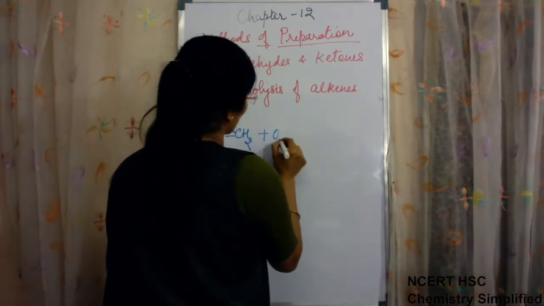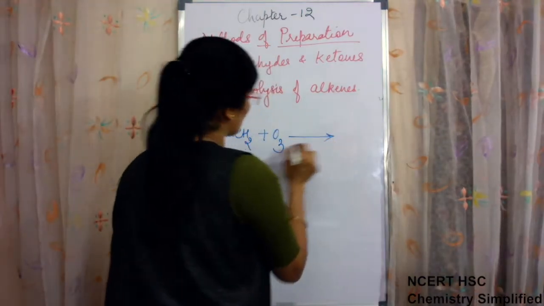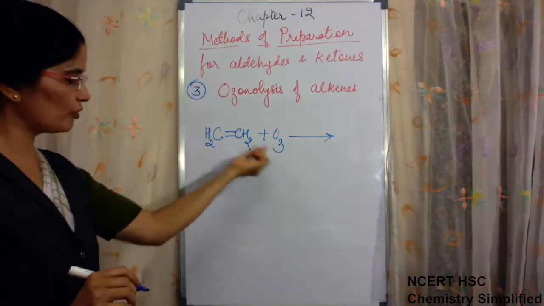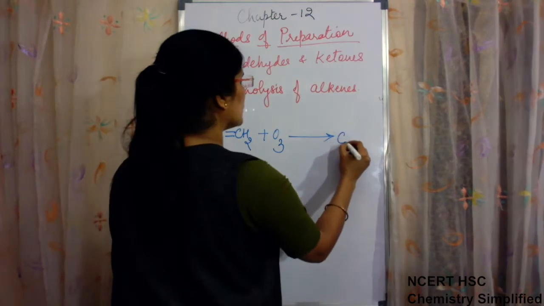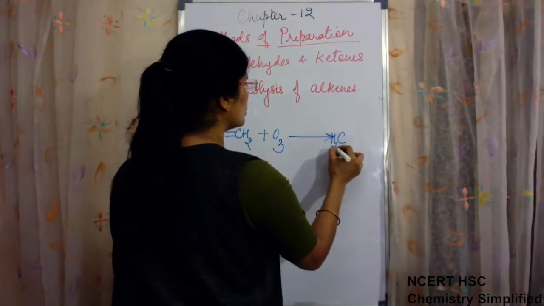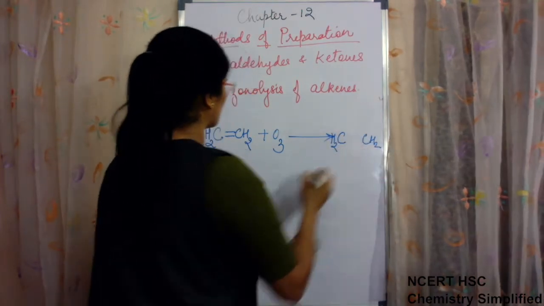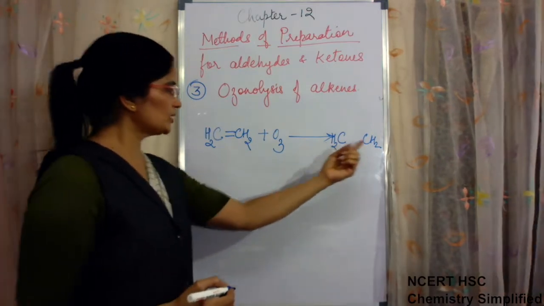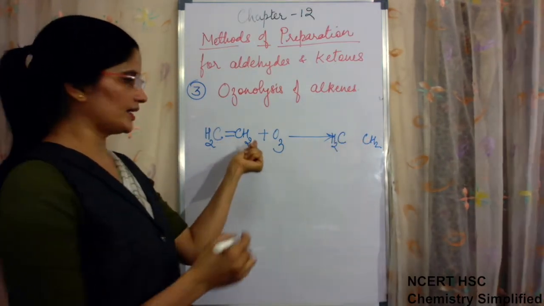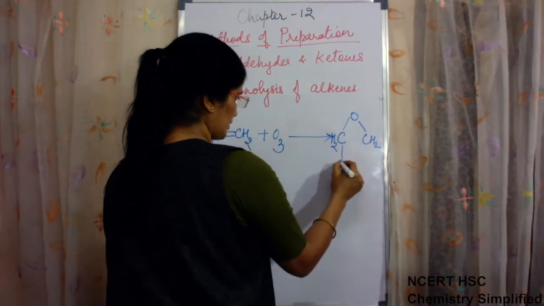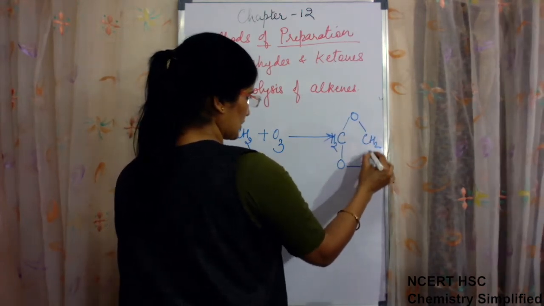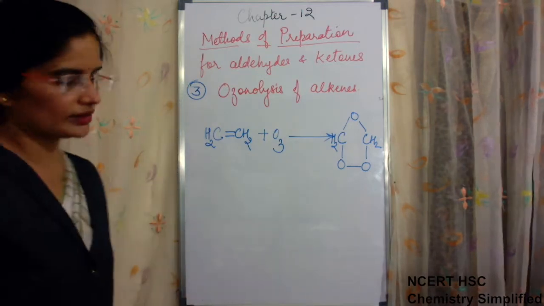When treated with ozone, it undergoes addition of ozone across this double bond, CH2CH2. Now both the carbon atoms are not connected directly, they are connected to each other through O, and the remaining two oxygen atoms are connected in this manner.